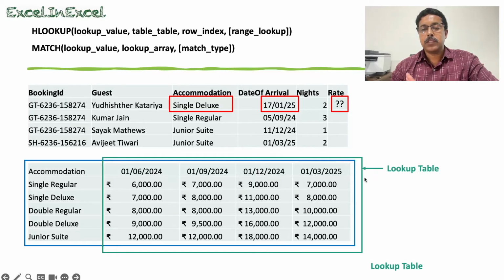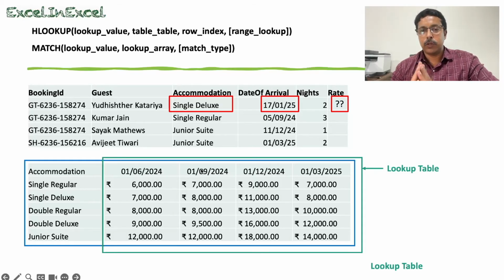So, in this lookup table, what we are trying to do is use an approximate match, as we said, and use this HLOOKUP. And as we know, in the HLOOKUP, first is the lookup value. Lookup table, of course, we had already filled up in the formula. Then, of course, we need the row index, and finally the range lookup.